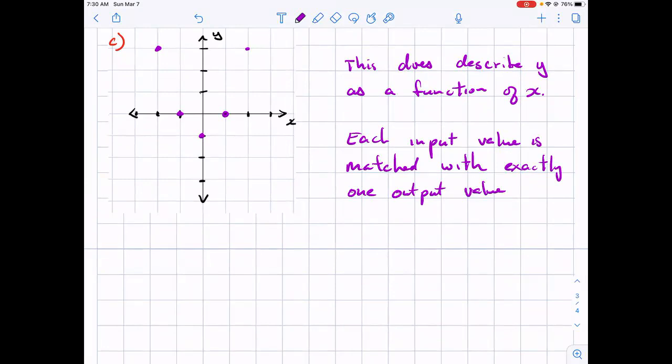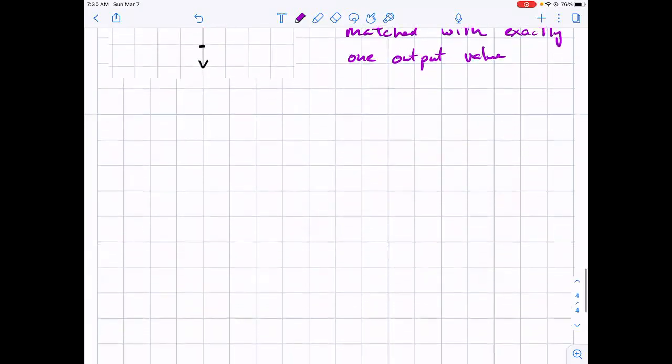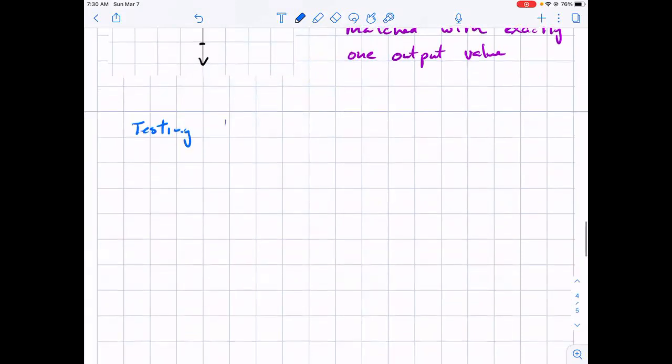Now, what happens if we look at the algebraic way? What happens if we have an algebraic way? So how do we test? Let's look at testing for functions algebraically.